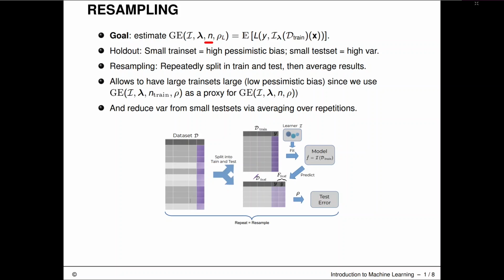And well, if we now have that low pessimistic bias, the variance would be quite large, right? Because our test sets are super small. Yeah, but fortunately, that variance we can now easily drive down by averaging over many repetitions.